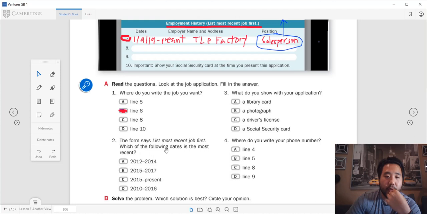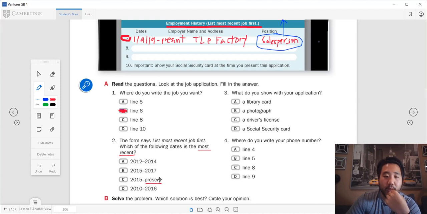Which of the following dates is the most recent? Most recent, this is the important part. If you look here, we have 2014, 2017, 2016, but then we have present. This present means right now.